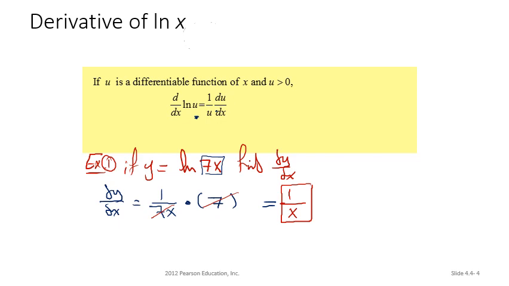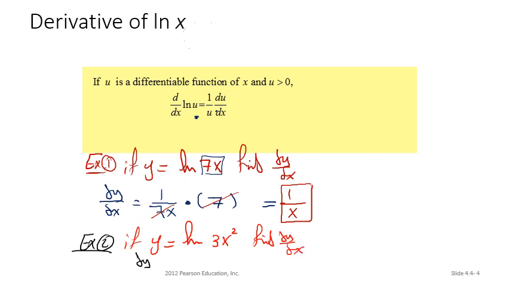Again, example 2. If y is equal to ln of 3x squared, find dy by dx.